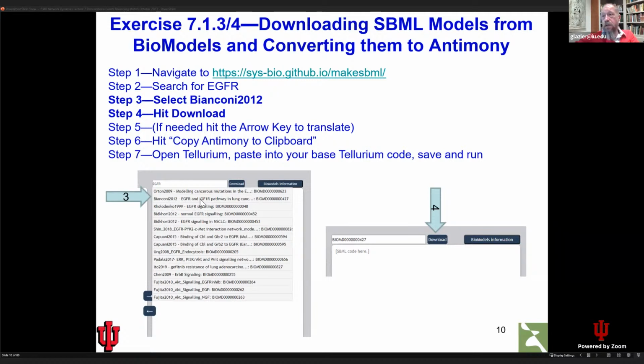So click on Bianconi 2012. And that will replace EGFR with BioMD0000000427, which is the UUID of that particular model. And then again, hit download. So that worked for people?